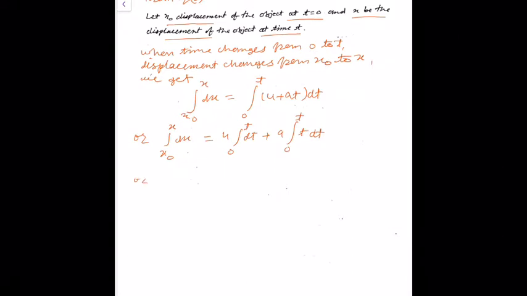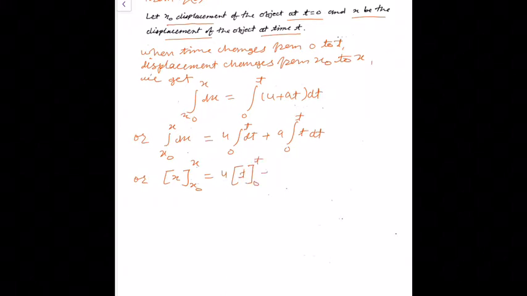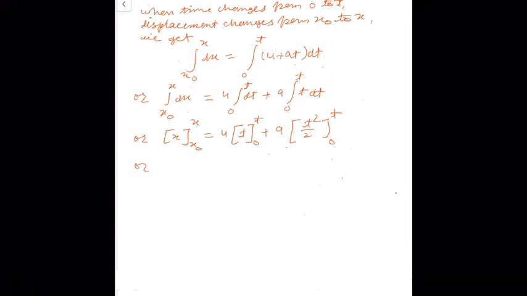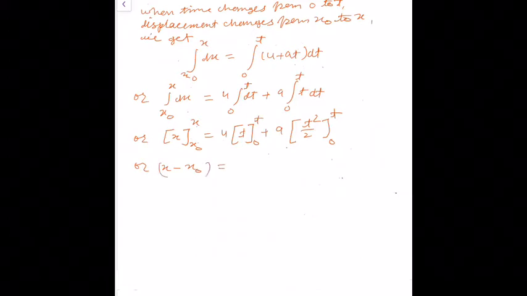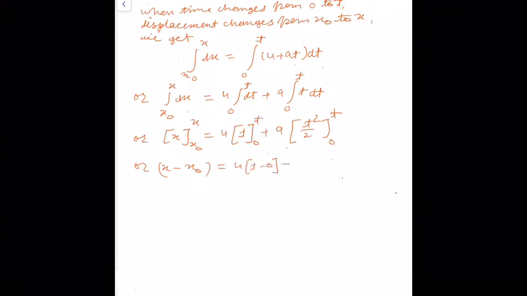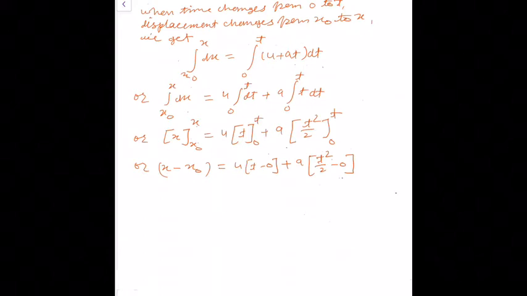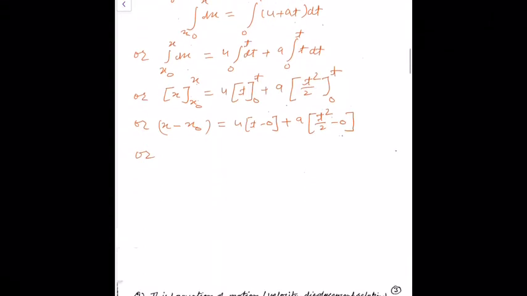After integration we will get x limit x naught to x is equal to u t limit 0 to t plus a t square upon 2 limit 0 to t, or x minus x naught is equal to u t minus 0 plus a t square upon 2 minus 0, or x minus x naught is equal to ut plus half at square.